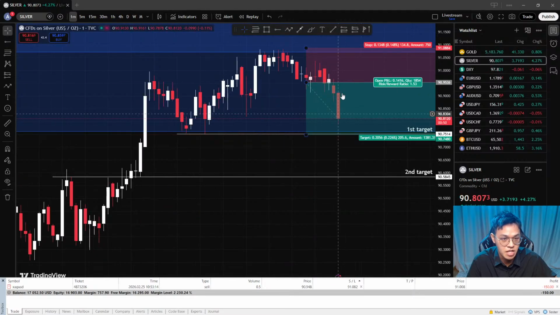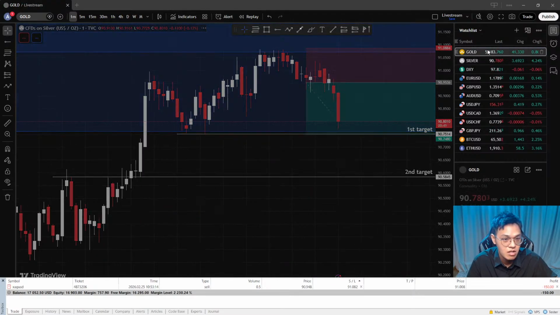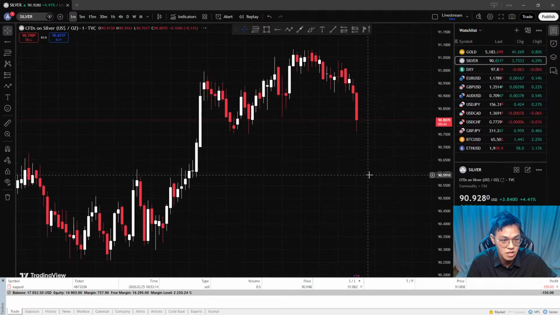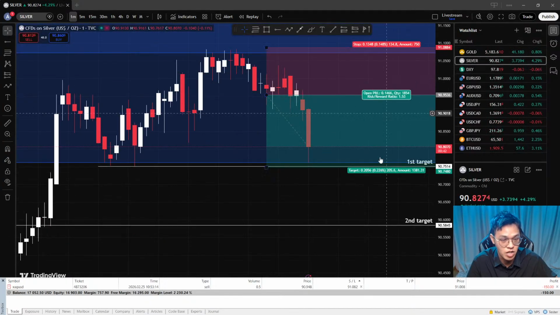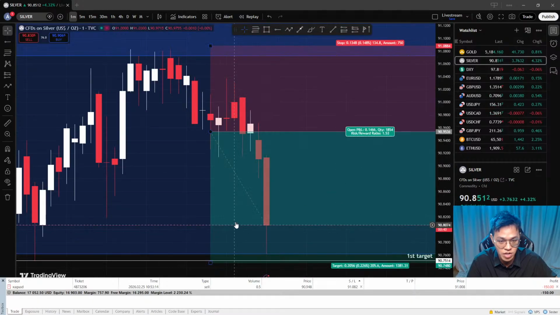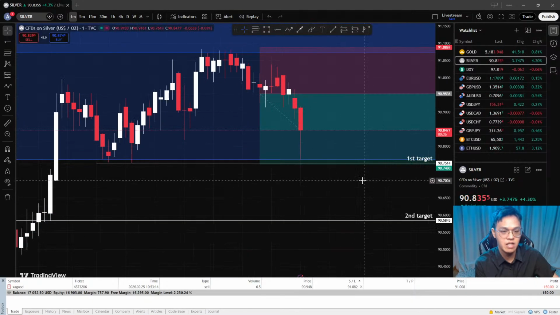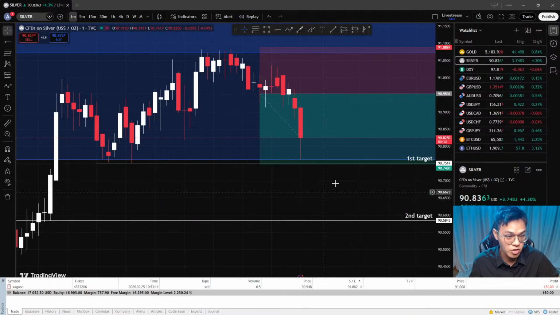Oops. Okay, we can see a dump here. All right, guys, you can see a dump here. The gold and the silver have a big dump, especially silver. The price almost hit my first target. Oh damn, guys, it's very close.